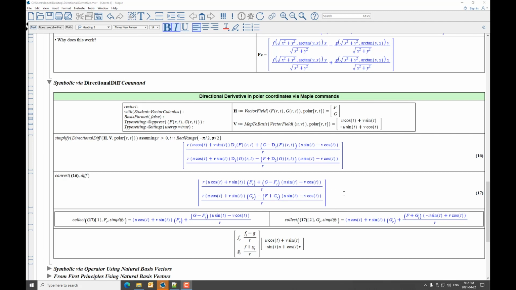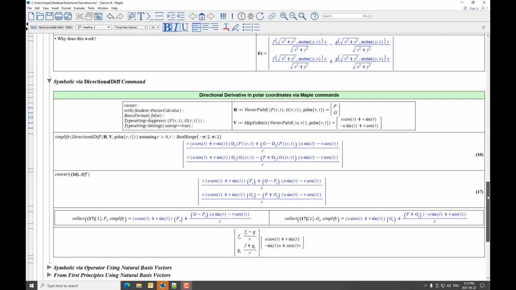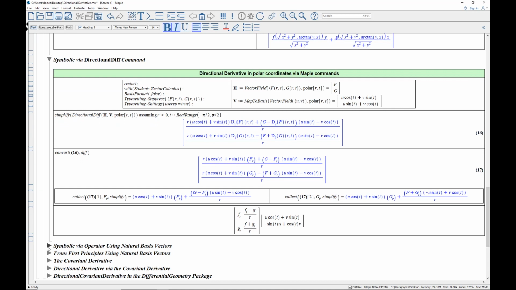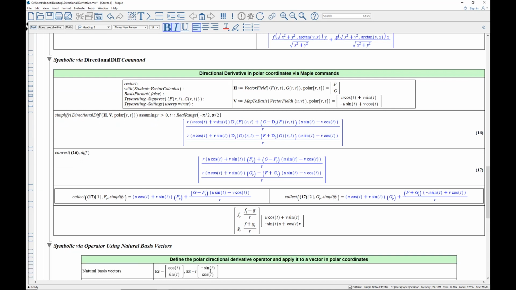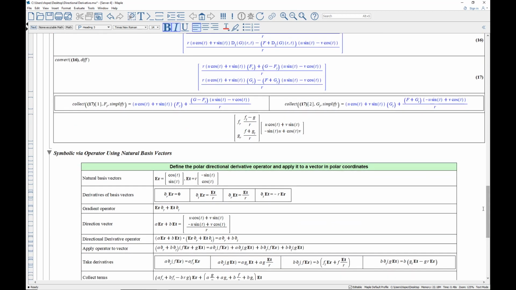As soon as you go into differential geometry, you work with the natural basis vectors, which are not normalized. There are no scale factors. Let's take a look at what happens if we work in the natural basis vectors.